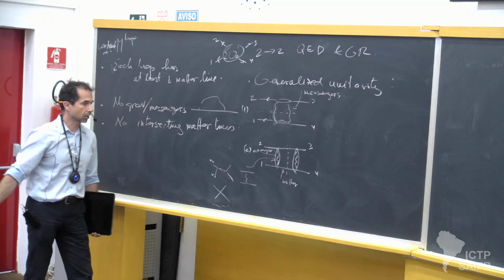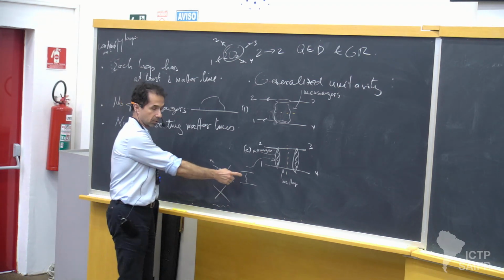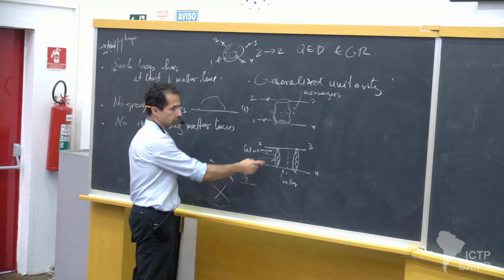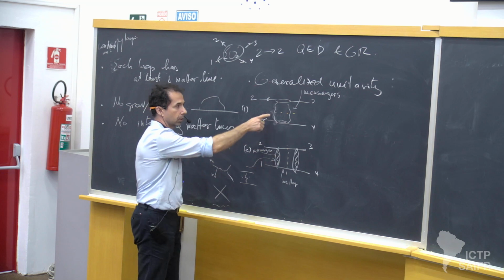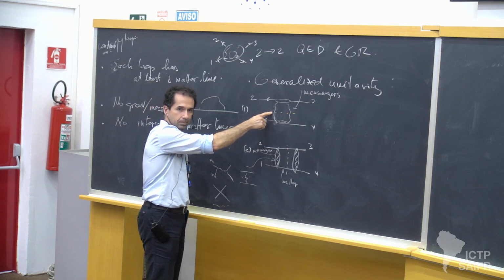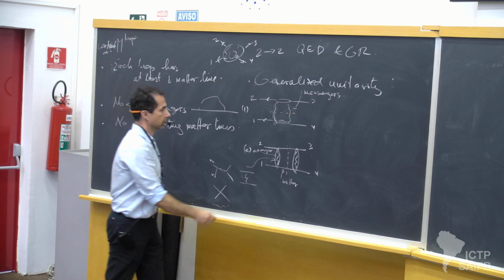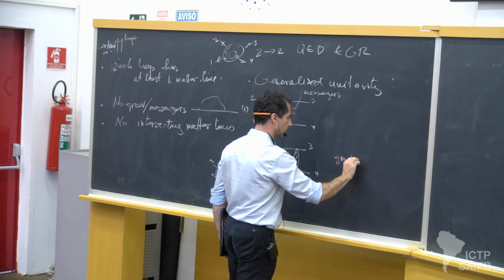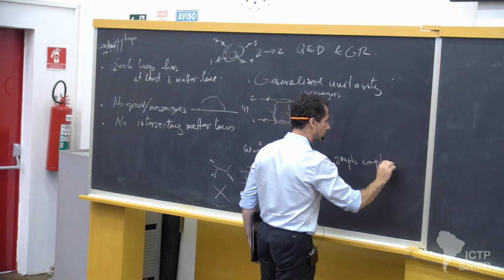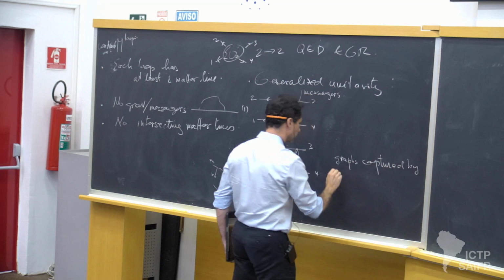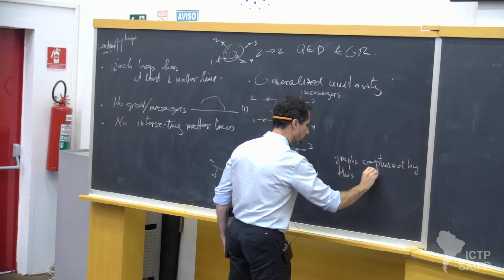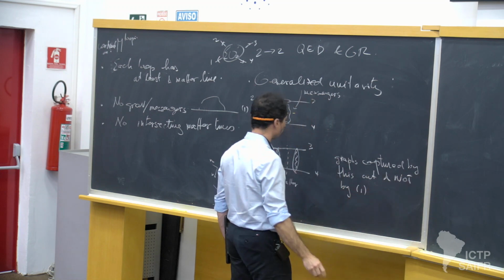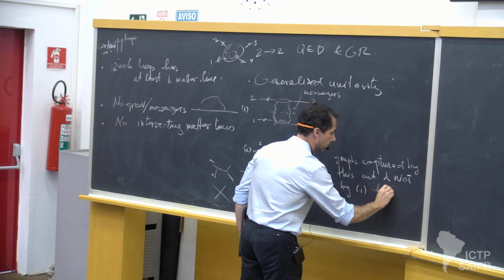Therefore, we somehow want to forbid these guys. How do we forbid these guys? Well, if these guys aren't there, it means that there is a messenger there. It means that we can cut the messenger. But if we cut the messenger that's buried in this blob, then we are basically back up here. So the conclusion is that the graphs captured by this cut and not by the cut number 1 have intersecting matter lines.